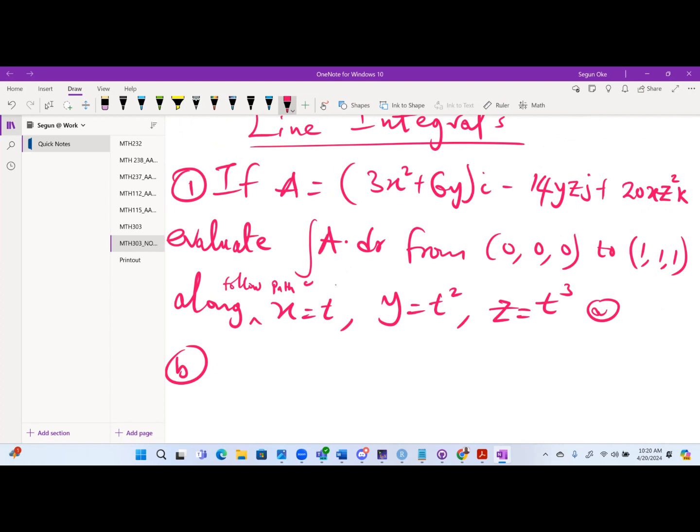So we add the B to B. Just write this one down too.